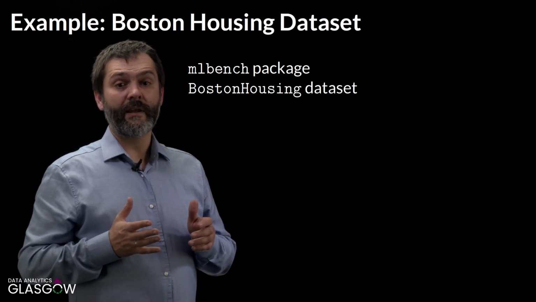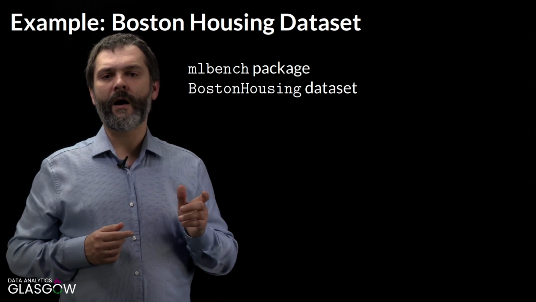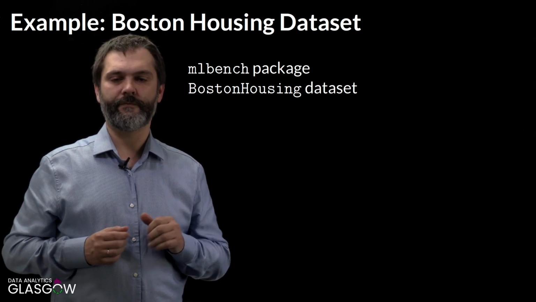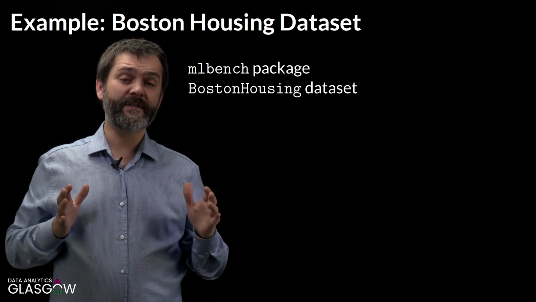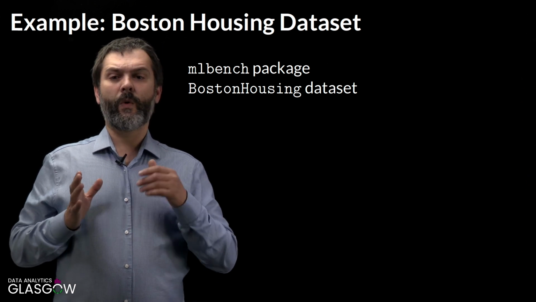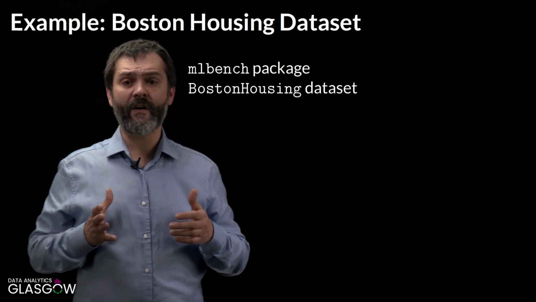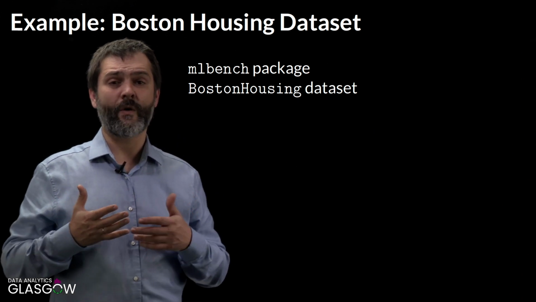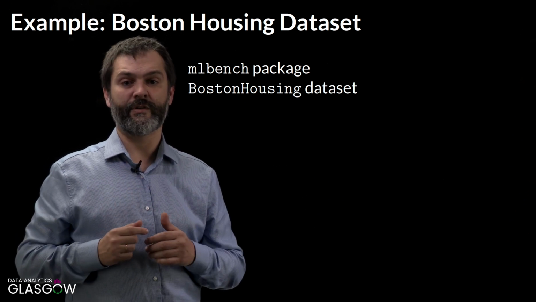The practical example is the Boston Housing dataset in an R package called mlbench. In this dataset, there are 14 variables taken from the census in 1970. One of those variables is the average house price, and the other variables describe other properties of houses in different districts of Boston.